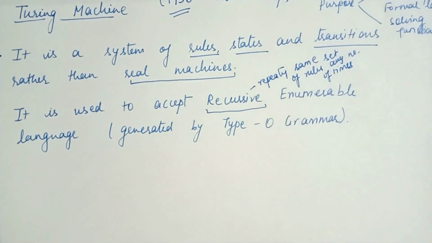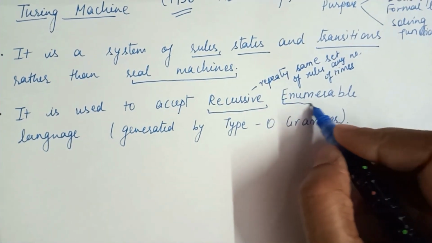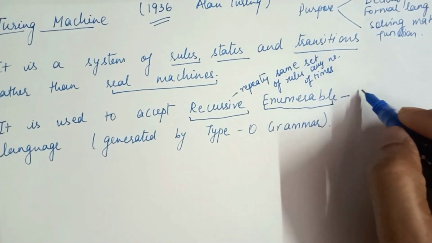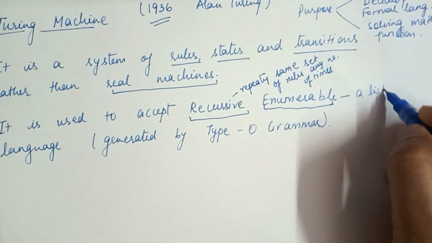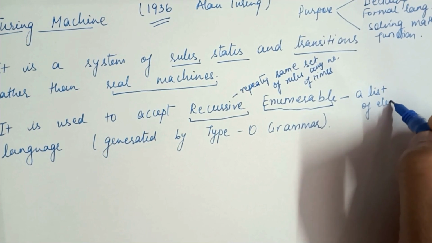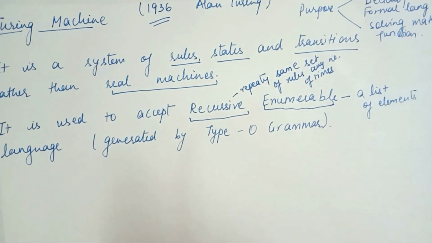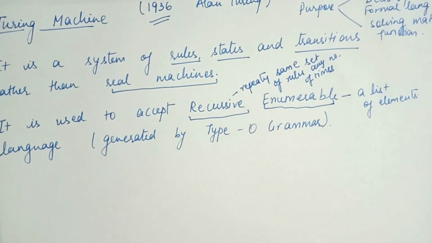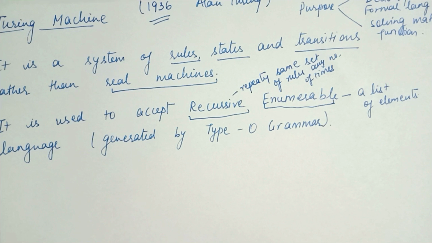This means recursive. And enumerable means a list of elements. So this Turing machine is used to accept this type of enumerable language, which is also known as type 0 grammar. And this Turing machine is the most powerful machine which can accept any type of languages.